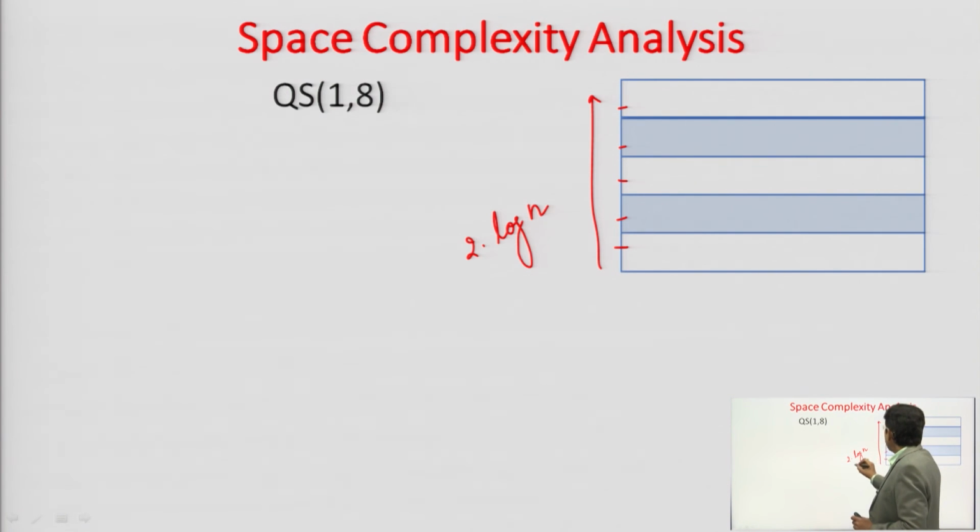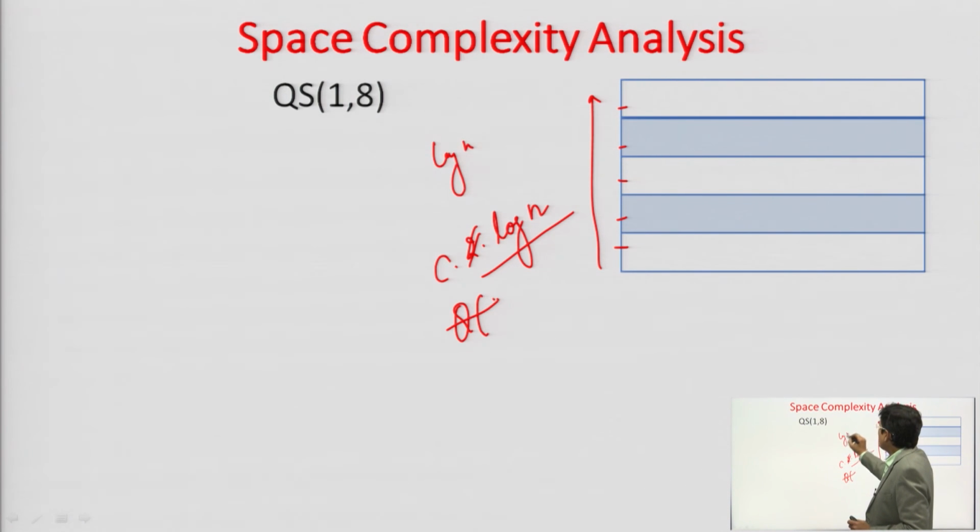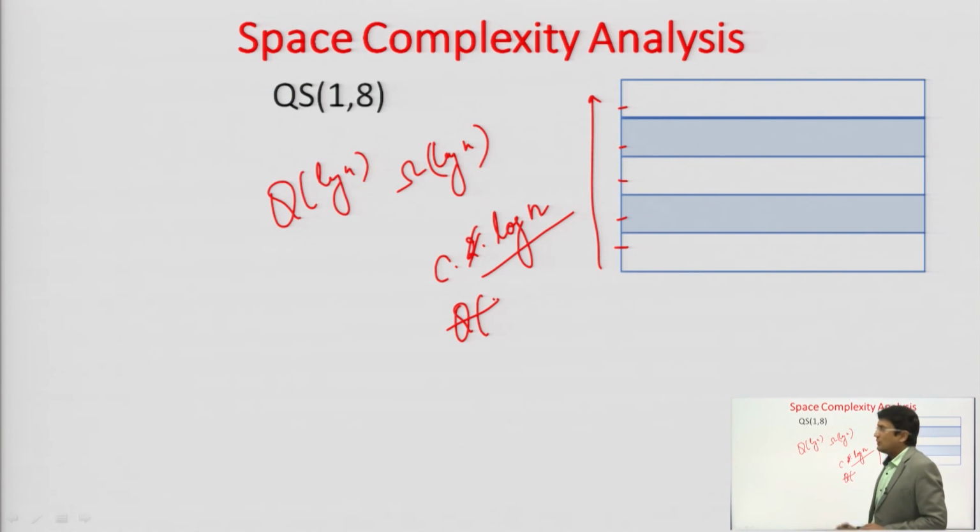So the space complexity will be dependent on the number of activation records pending at any moment. If you are considering that log n activation records are pending at any moment, so C into log n space will be there, which can be written as log n space complexity, which is the best case, and on an average also log n will be the space complexity of this algorithm.